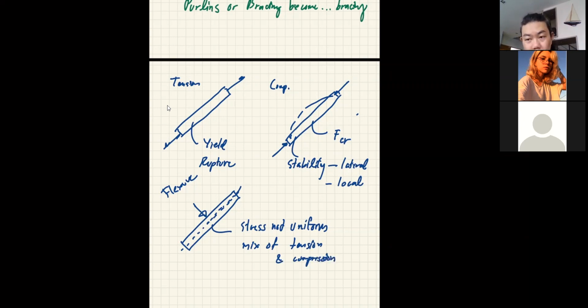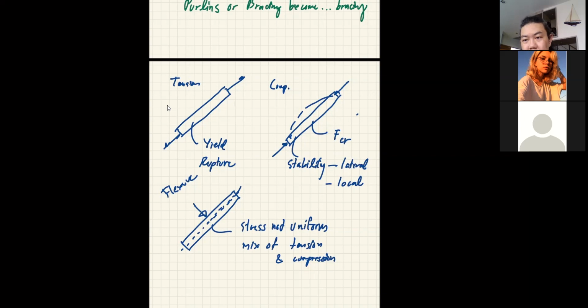And when we have compression members like this, and then you move on to the flexural member and you say you have compression, if compression can cause this thing to buckle, what do you think about this one? You have compression in flexural members as well. So yes, buckling can occur.